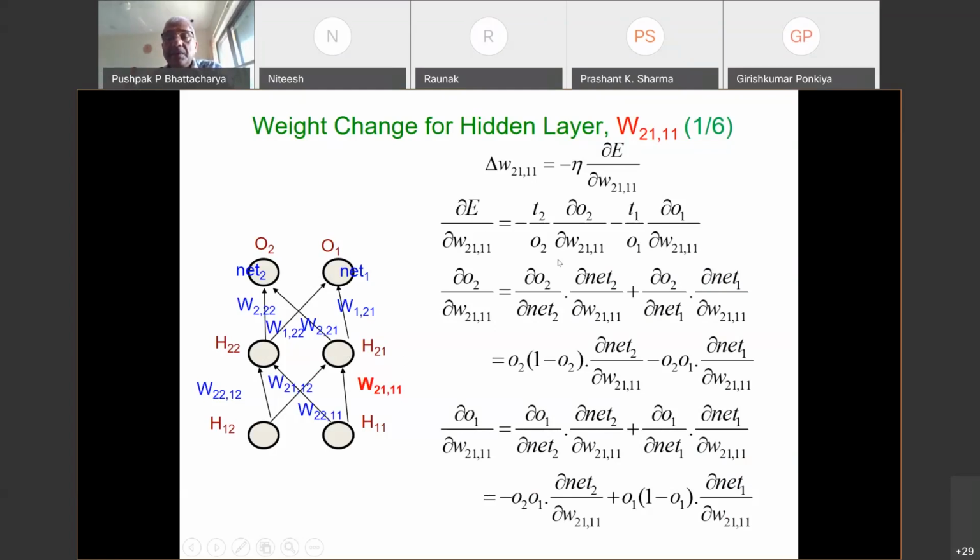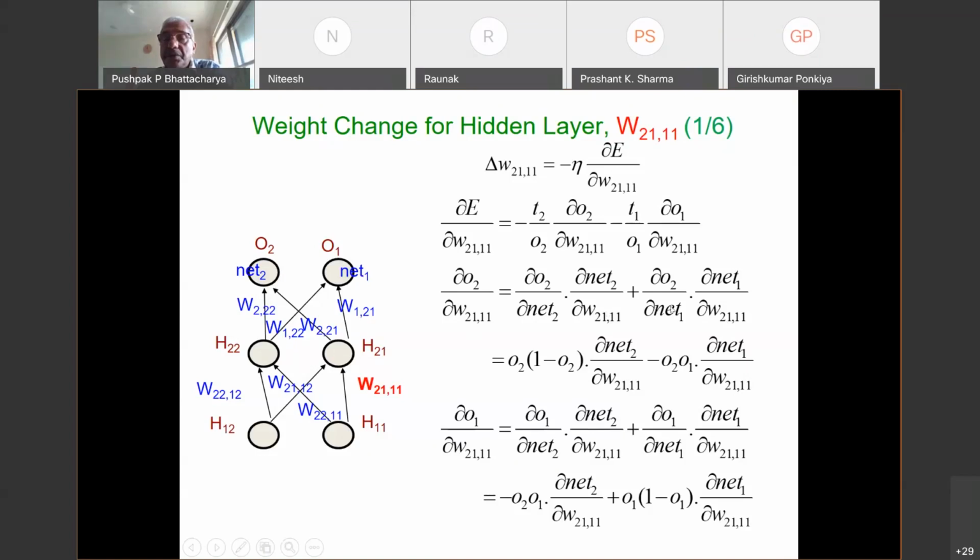Delta E delta W is a function of delta O2 delta W and delta O1 delta W. Now delta O2 delta W is delta O2 delta net 2 into delta net 2 delta W plus delta O2 delta net 1 into delta net 1 delta W. What is happening here? O2 is a function of both net 1 and net 2.